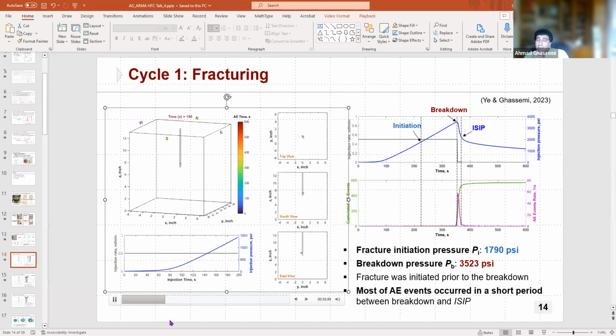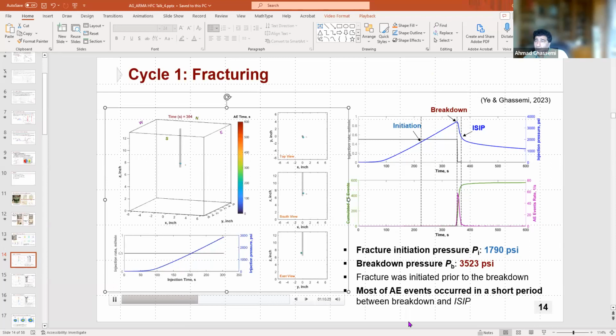What we see in these experiments is that fracture initiation, as has been suggested and demonstrated in different lab experiments in the past, begins way before breakdown. And for this particular test, the fracture initiated at roughly 1790 psi.